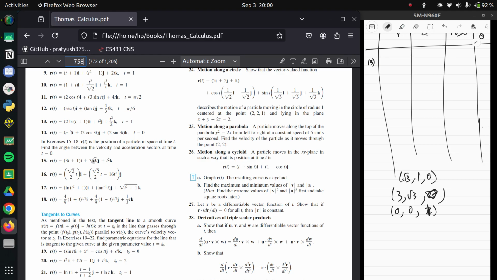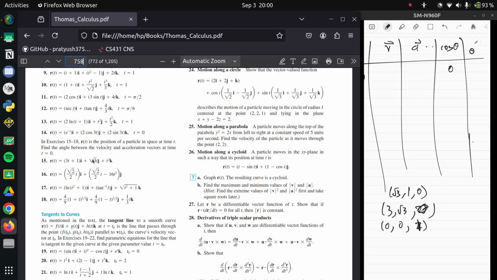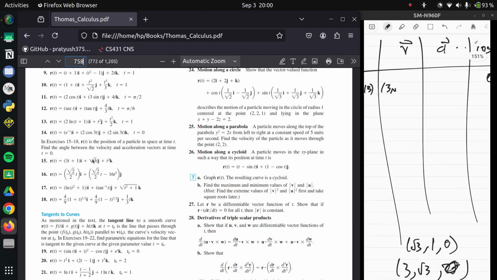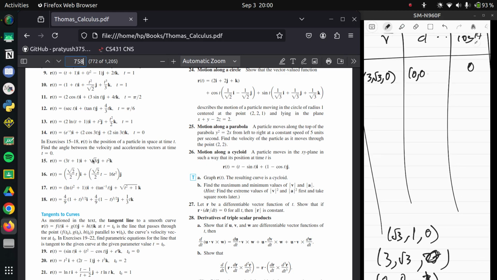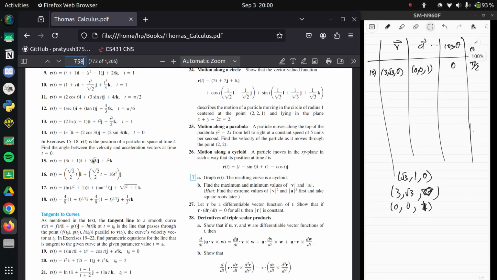The angle between those, take a dot product, it's just 0, in fact, so it's already 90 degrees. That was funny. And then your theta is pi by 2. Okay, cool.